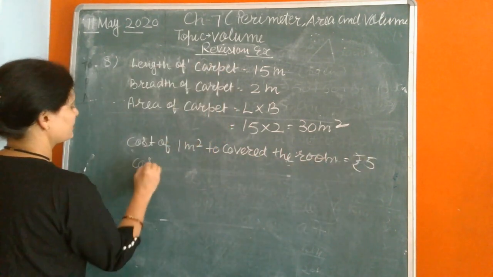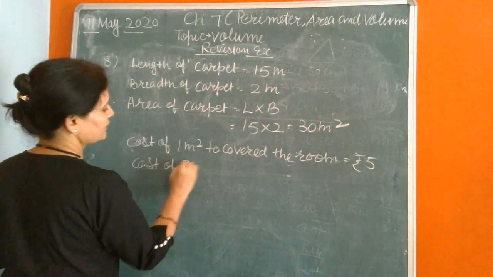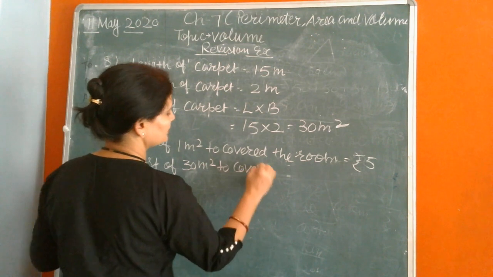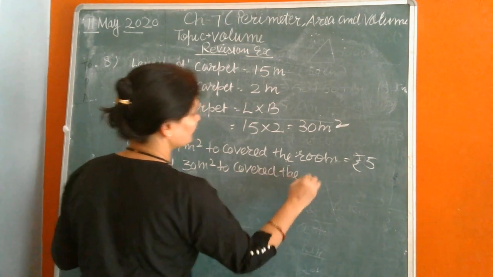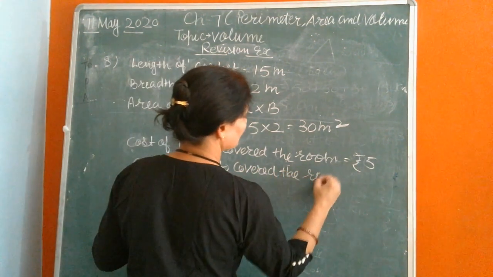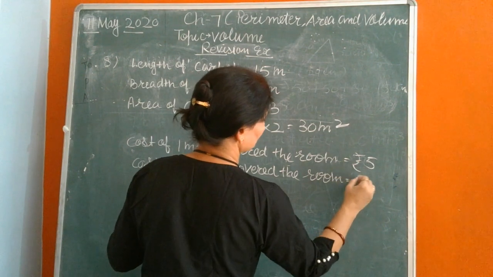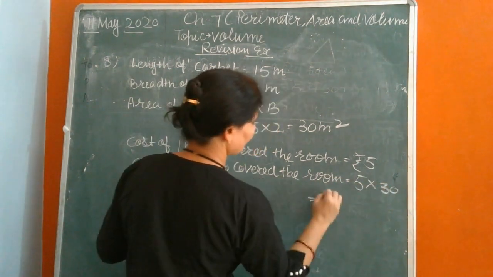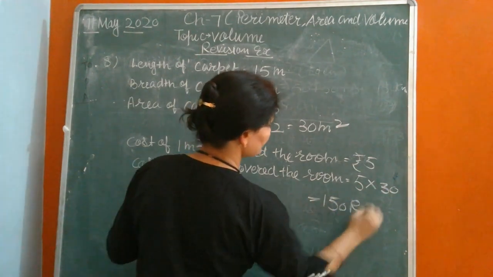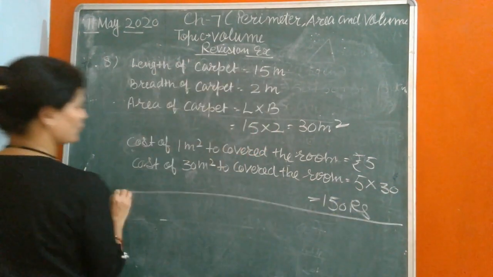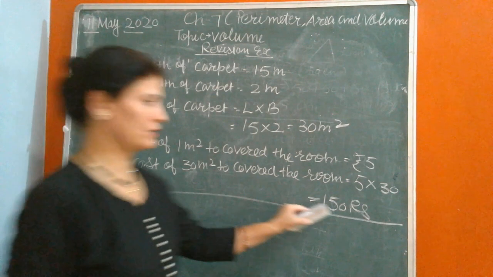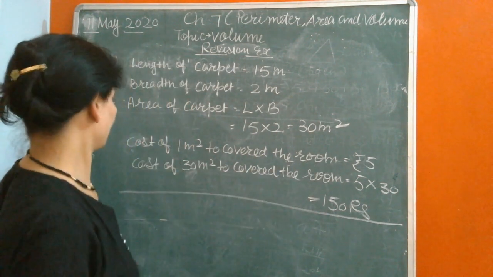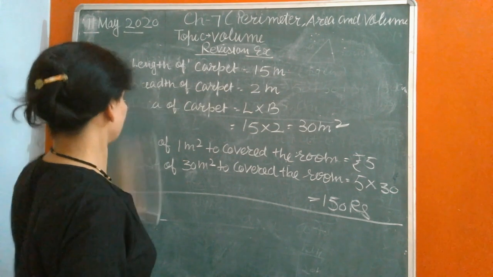Cost of 30 square meter to cover the room equals 5 into 30, equal to 150 rupees. Cost to cover the room with carpet is 150 rupees. Answer is 150.